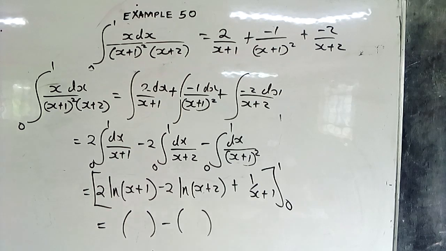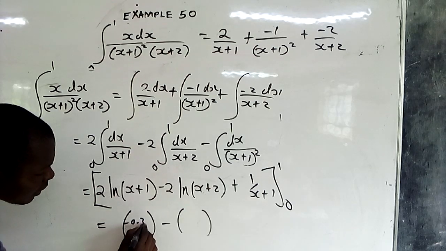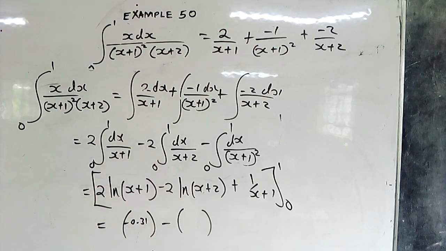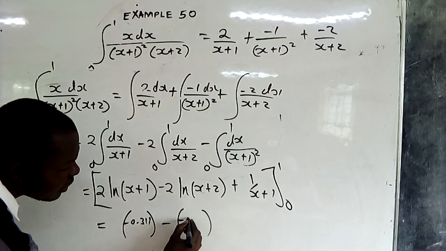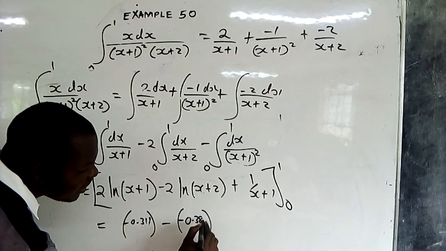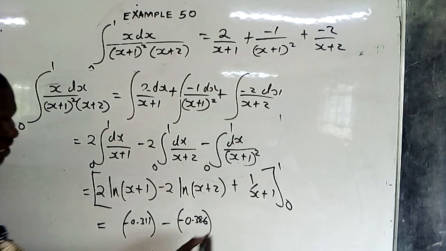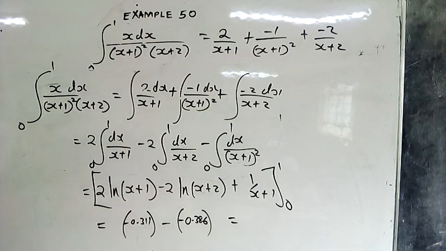Negative 0.311, isn't it? Then just press the AC button and you press 0 is equal to 0, then replay is equal to what? Negative 0.386, isn't it? So remember, negative is positive, isn't it? So positive this minus this, what do you get to be the final answer?